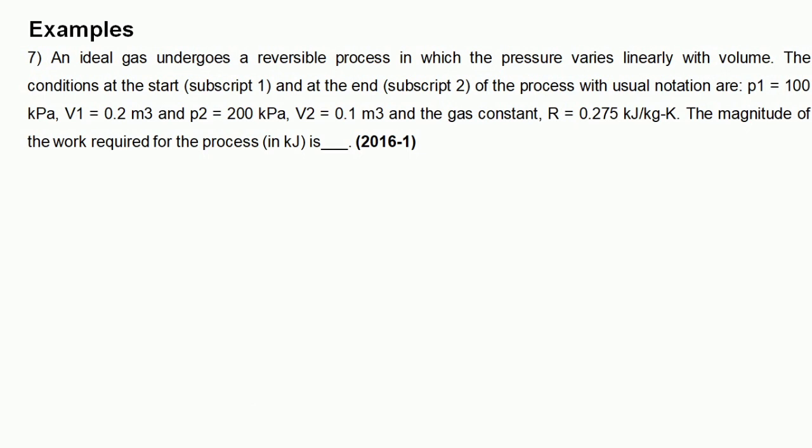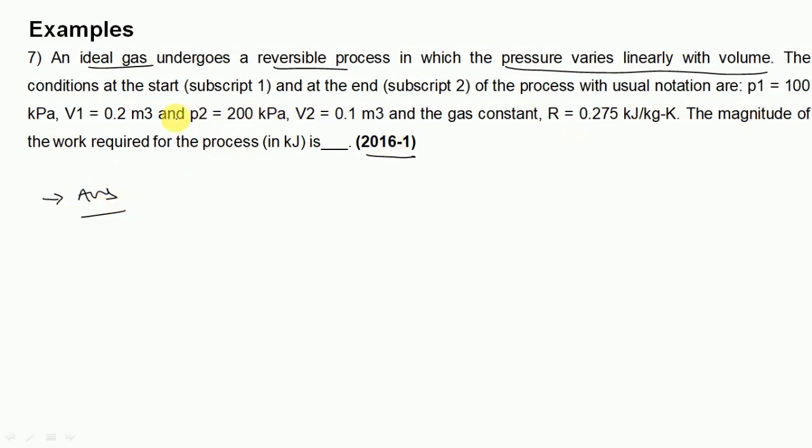Here it is example number 7, from GATE 2016 set number 1. Here it is also an ideal gas, and a reversible process is there. Pressure varies linearly with volume, and the conditions of the start point and end point, state 1 and 2, are given.